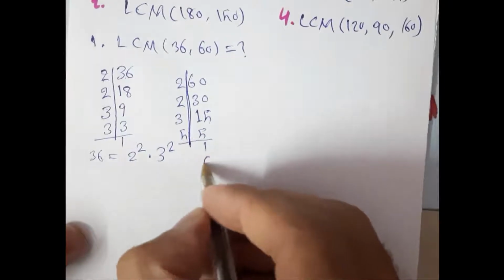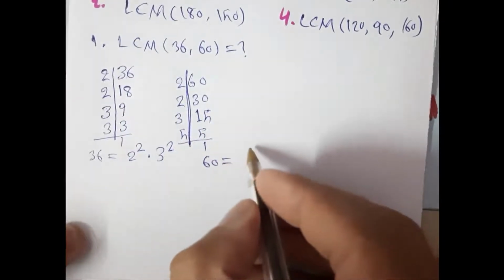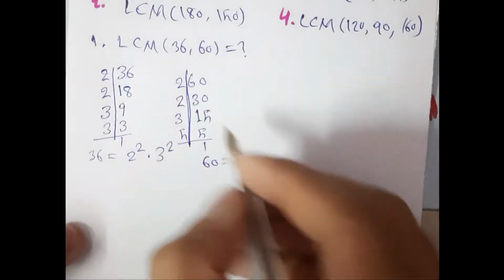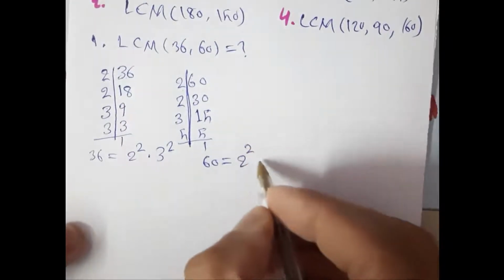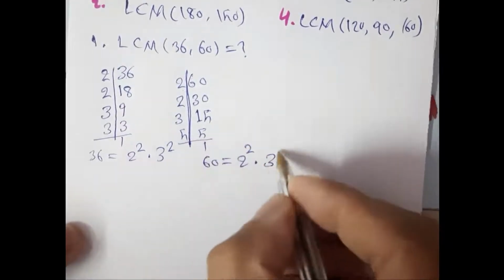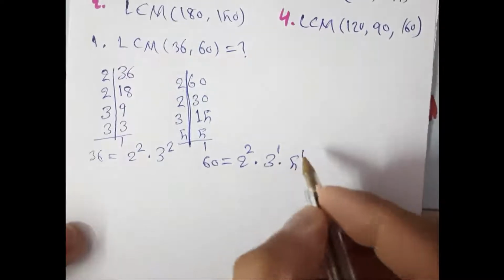Now 60 is equal to 2 power 2 into 3 power 1 into 5 power 1.